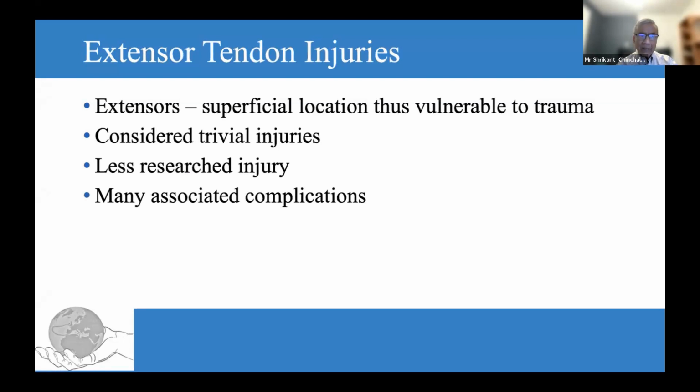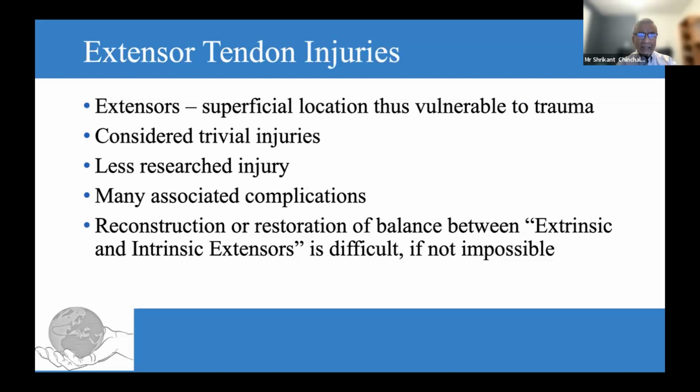But if you look at the number of complications extensor tendons exhibit following an injury, following a trauma, and following management, if it happens to be inadequate, we see a number of associated complications, so to speak.